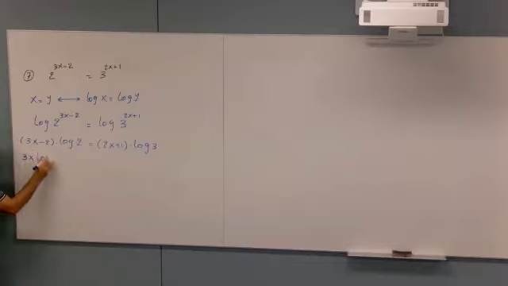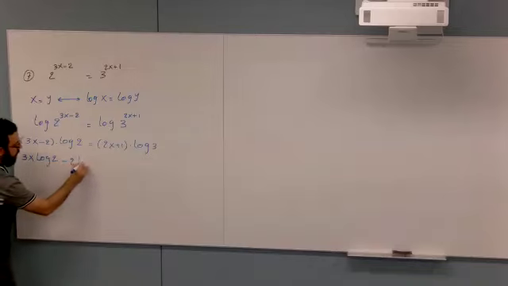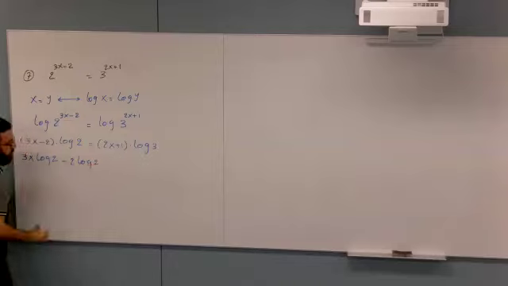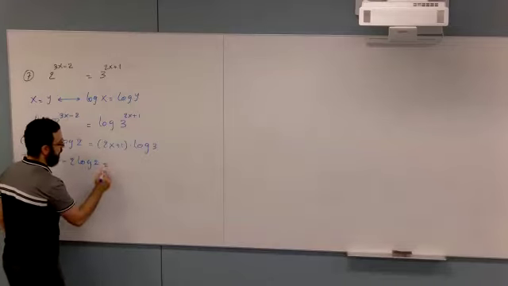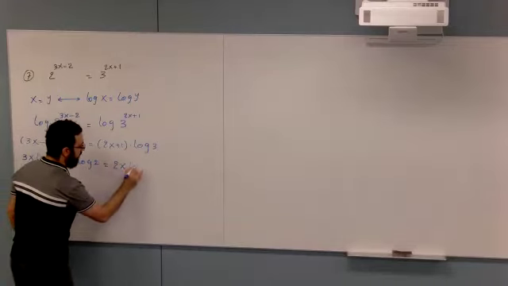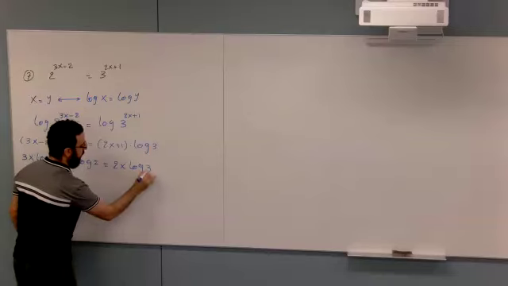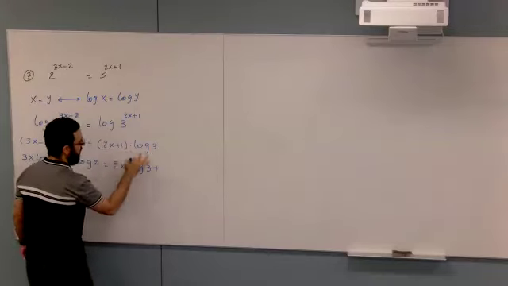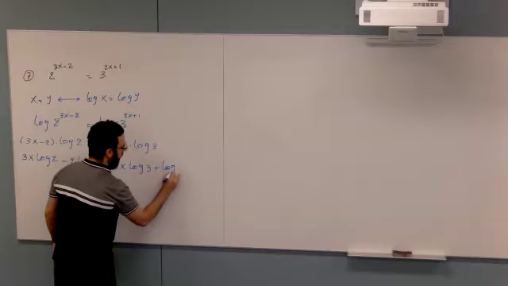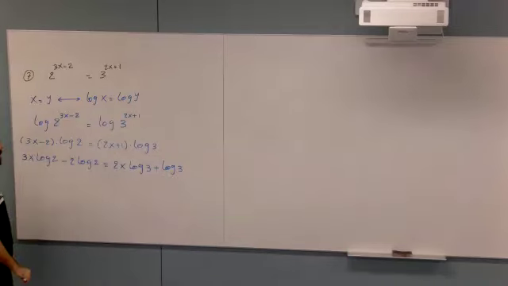3x log 2 minus 2 log 2. All right? Equal what? Can I do the same thing here? 2x log 3 plus 1 times log 3. Okay, so far?